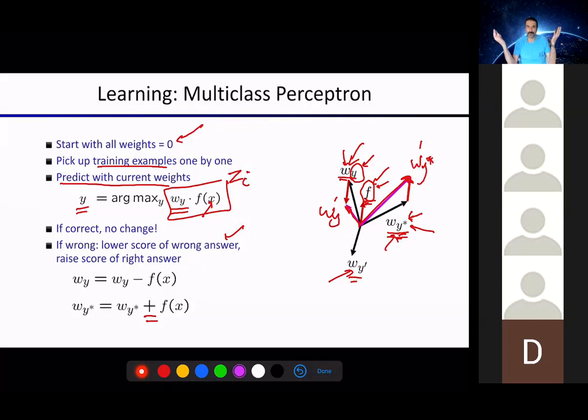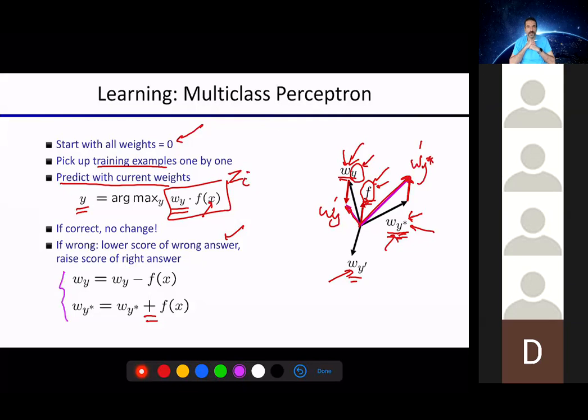It has a simple update rule that updates the weights until it makes no mistake for all training examples.